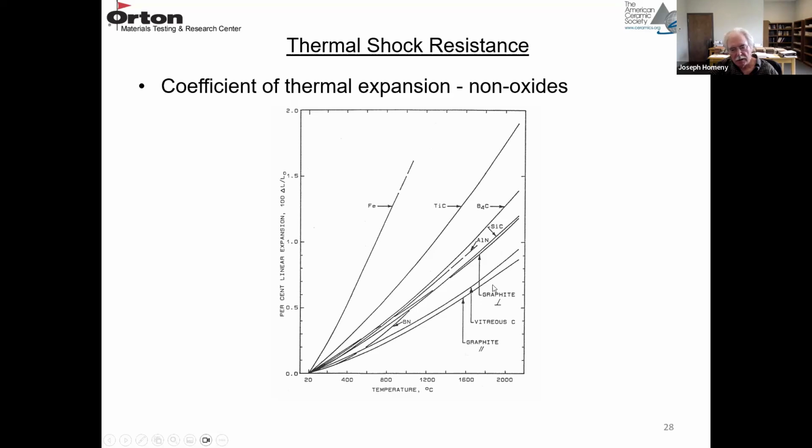And then at the bottom here, you have graphite and amorphous carbon. So this is graphite perpendicular to the basal plane. This is graphite parallel to the basal plane. So you can see how these graphites or amorphous carbon have advantages in low thermal expansion.